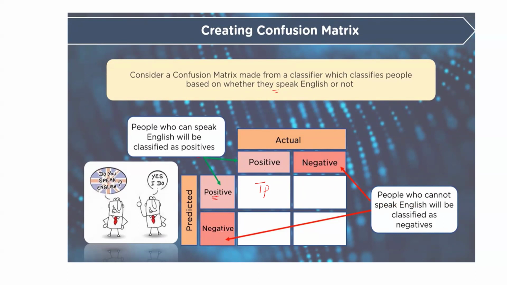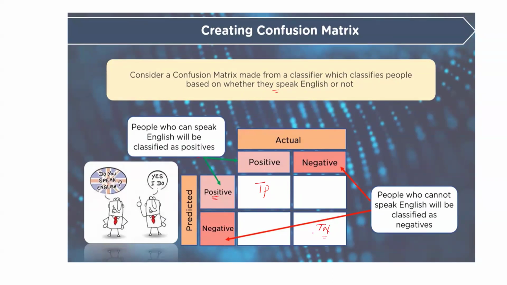That is, there are some people who can't speak English and actually also they can't speak English. Those are called the true negatives.